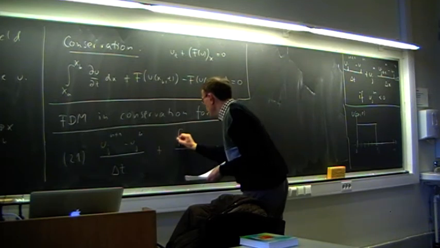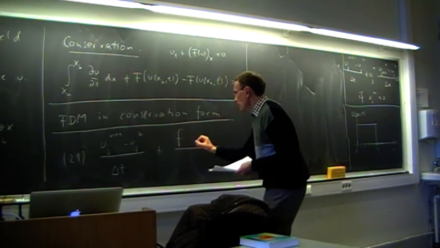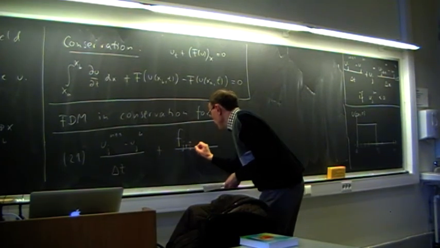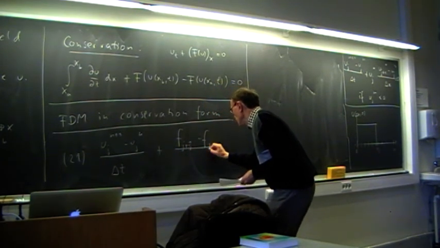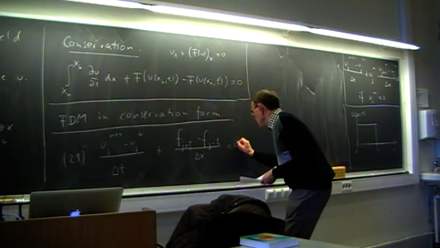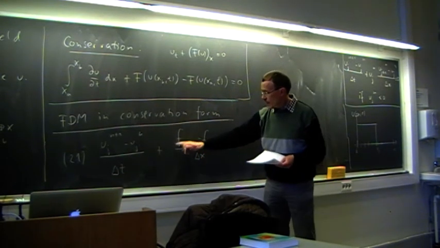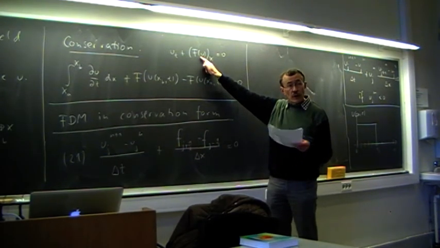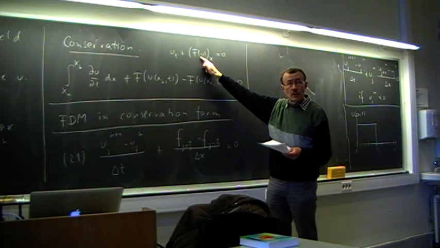And we call this flux function by this symbol F. So that will be Fj plus 1/2 minus Fj minus 1/2, divided by delta x, equal to 0. These flux functions are supposed to approximate the correct flux function at the midpoints.